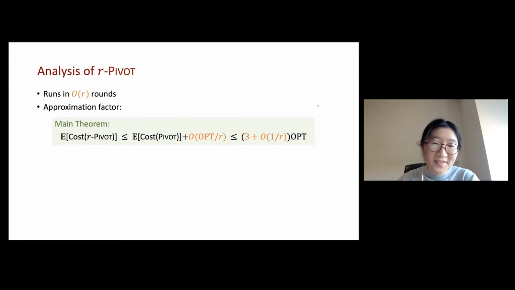Our main theorem says that the expected cost of our R-pivot algorithm is at most the cost of pivot plus an extra cost in the order of 1 over R times the optimal cost. Since we know that the pivot algorithm is a 3-approximation, this implies the R-pivot algorithm is a 3 plus O of 1 over R approximation.